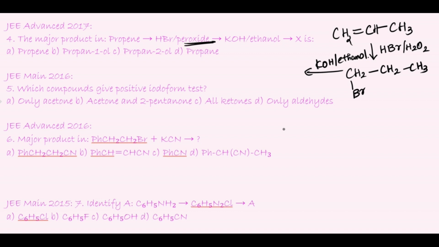KOH with ethanol is one type of reaction, KOH with water is another type. Ethanol means elimination will take place, water means substitution will take place. You can consider ethanol bad for our health, so we have to eliminate it. Just remember like this: it undergoes E2 elimination. So it forms the product propene again.